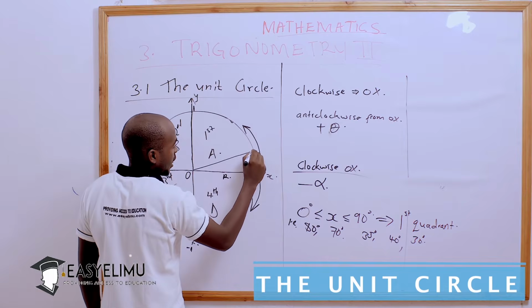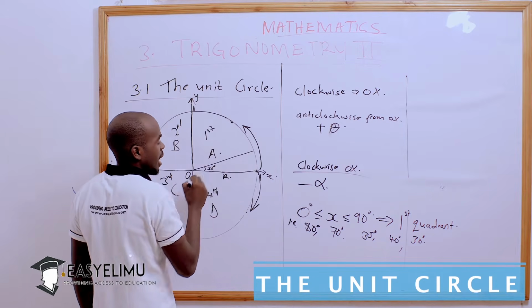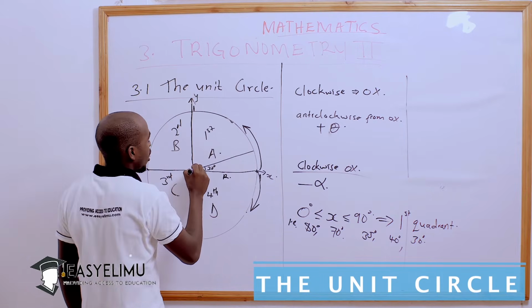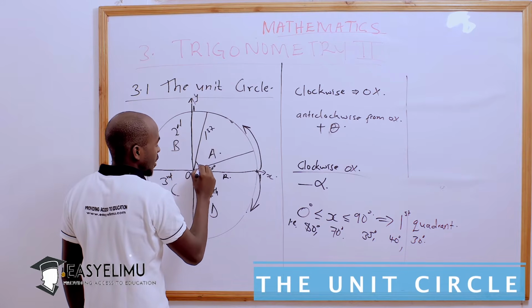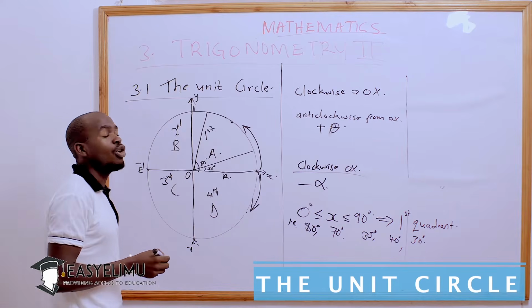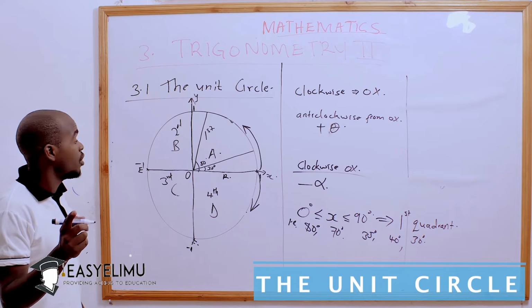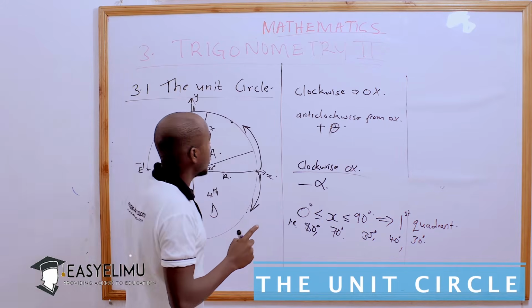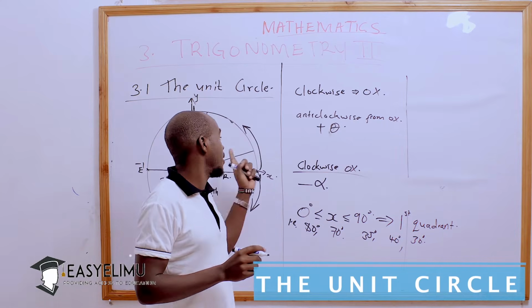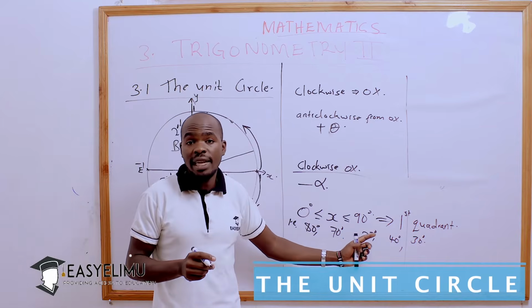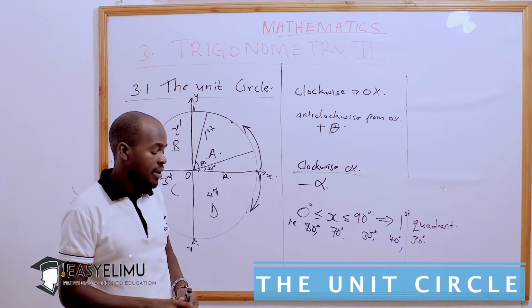You may have angle 30 lying at this point, and angle 80 degrees lying at this point. They are all lying in the first quadrant. So angles in the first quadrant go up to 90 degrees. They all lie in the first quadrant because they are less than or equal to 90.